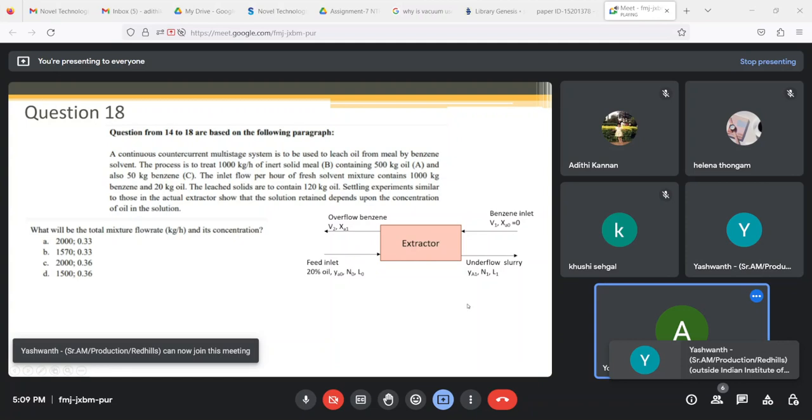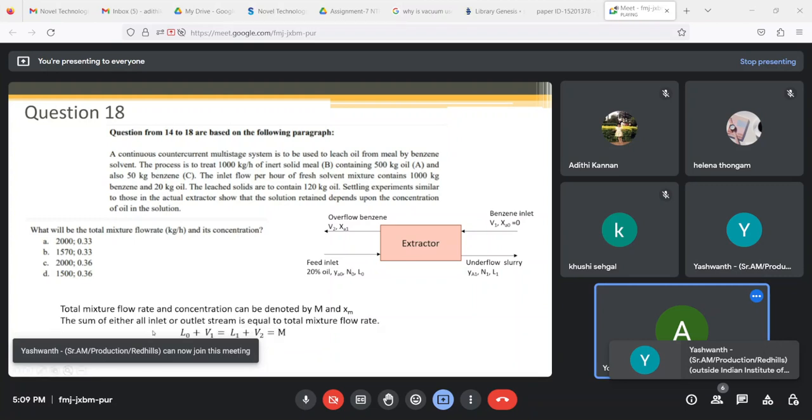So how do you calculate the total mixture flow rate? The total mixture flow rate can be given as, let's say, M and Xm. So the total amount of mixture flow rate is either the total solution in the inlet streams or the total solution in the outlet streams. Both are the same.